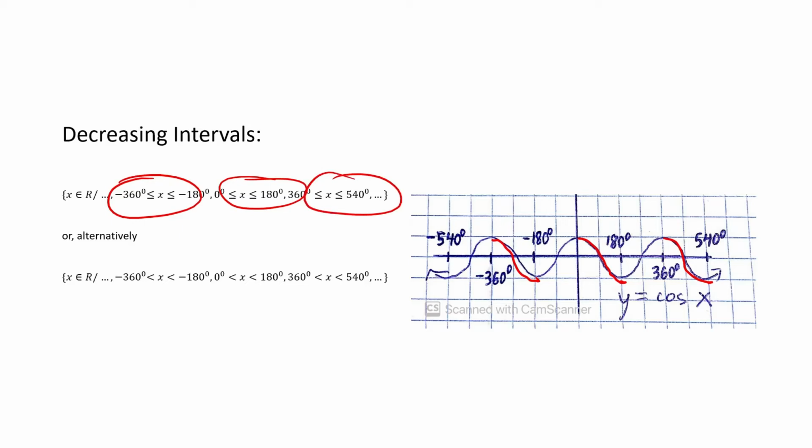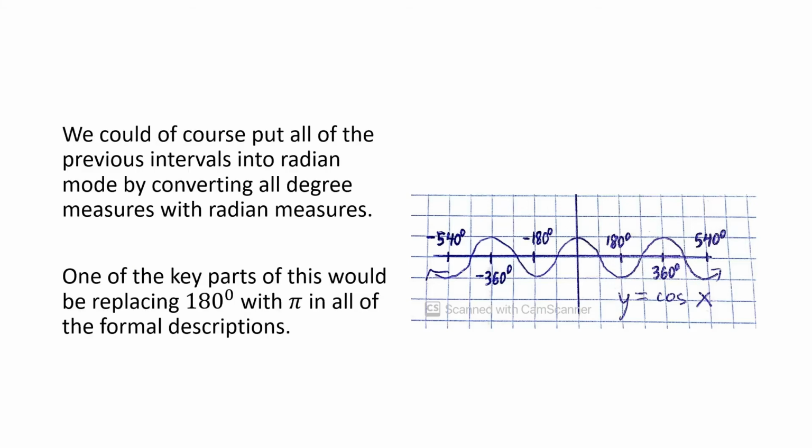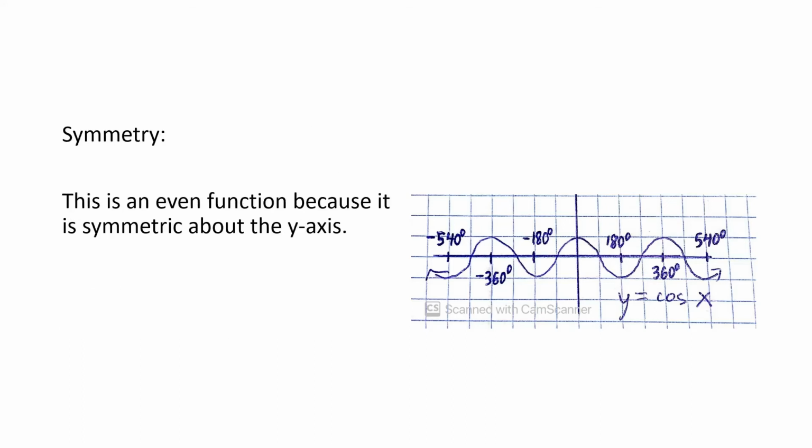And as I've mentioned many times, you can have the philosophy of including the value of -360 or -180, etc. in your decreasing interval, or you could use the textbook's philosophy and not include them. And if you're going to use the textbook's philosophy of not including those, you'll put round brackets on your interval notation. If you're going to use what I think is the more correct philosophy, you'll put square brackets in your interval notation. And we could do this in radian measure as well, of course.